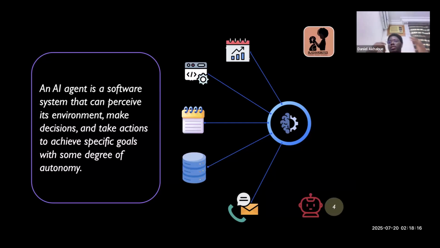Up until now, what we used to have with computer systems were rule-based implementations. What I mean by this is that the idea of AI agents is the ability of your computer or your software to interact with the physical environment.